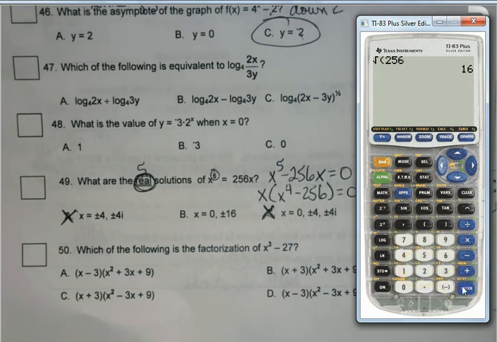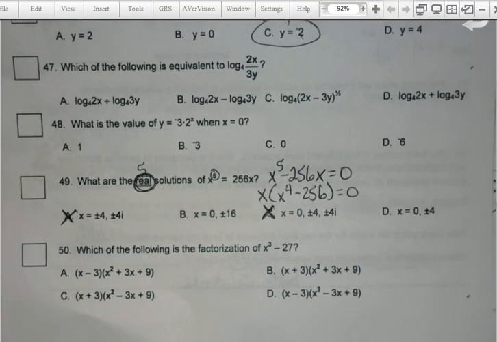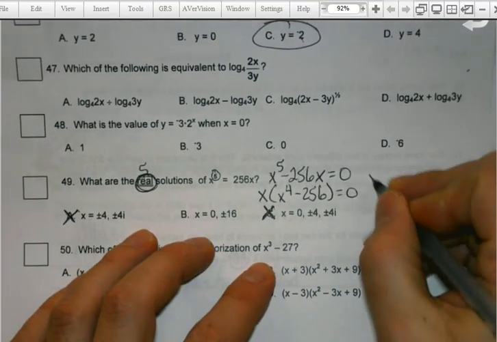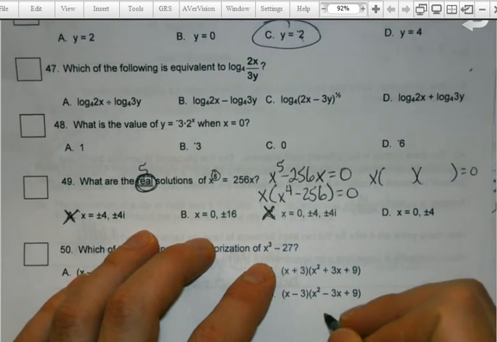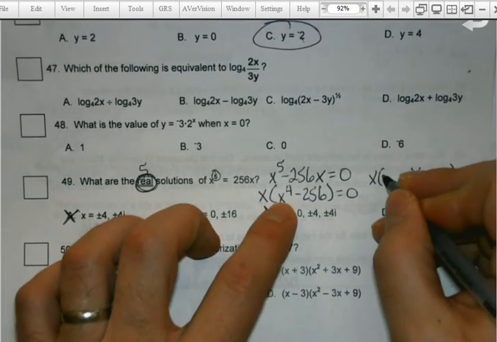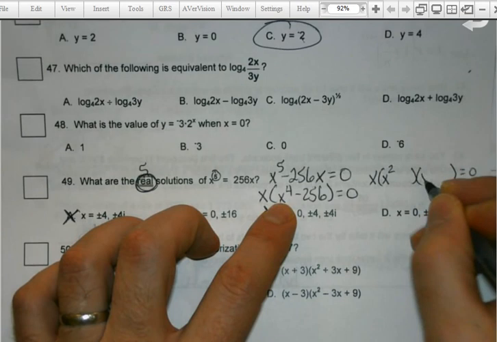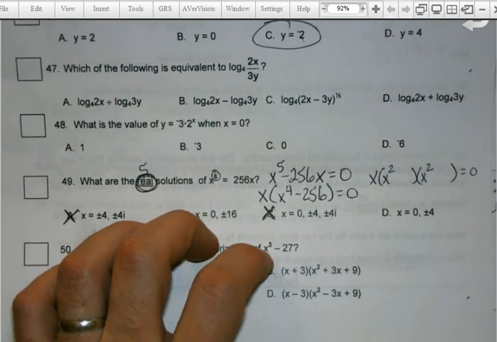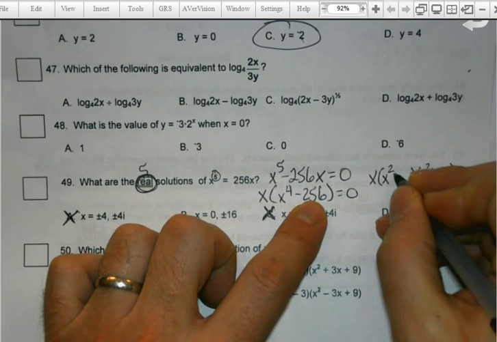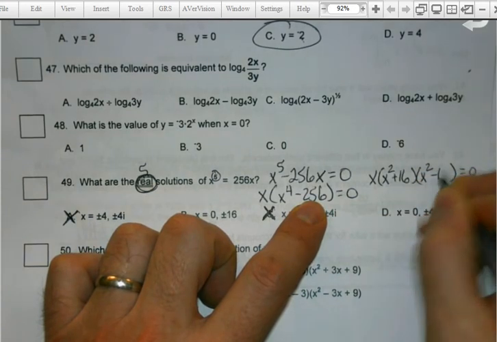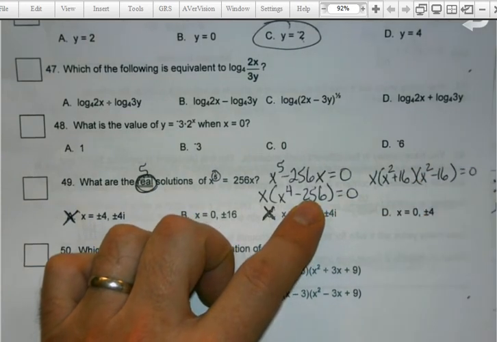Ooh, 16. So I look at that and I say, okay, this basically tells me it's a difference of squares, because I square x squared to get x to the 4th. And since I just found out this is 16, it's plus and minus.